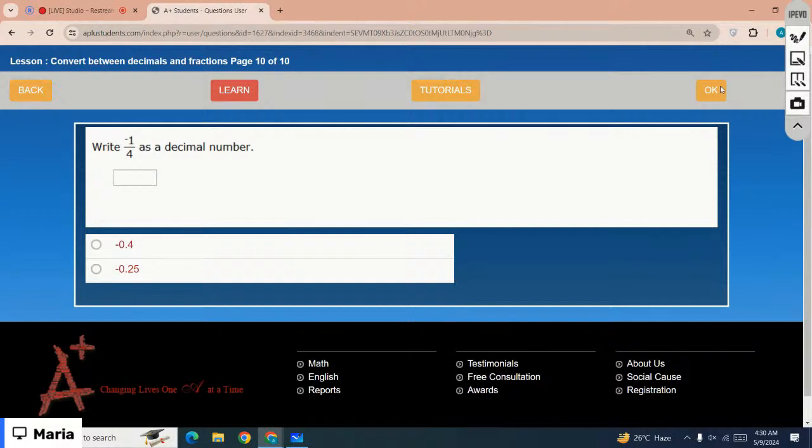Write negative 1 by 4 as a decimal number. So which is the correct option?